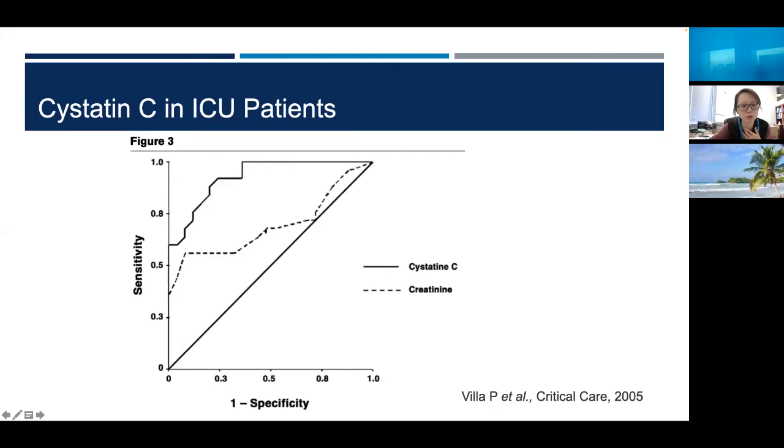So this is the plot for serum creatinine, and the area under the curve for serum creatinine is about 0.69, whereas the area under the curve for cystatin C is 0.93. So based on this finding, the authors of the study concluded that cystatin C is a better marker to detect renal dysfunction in critically ill, unstable ICU patients.